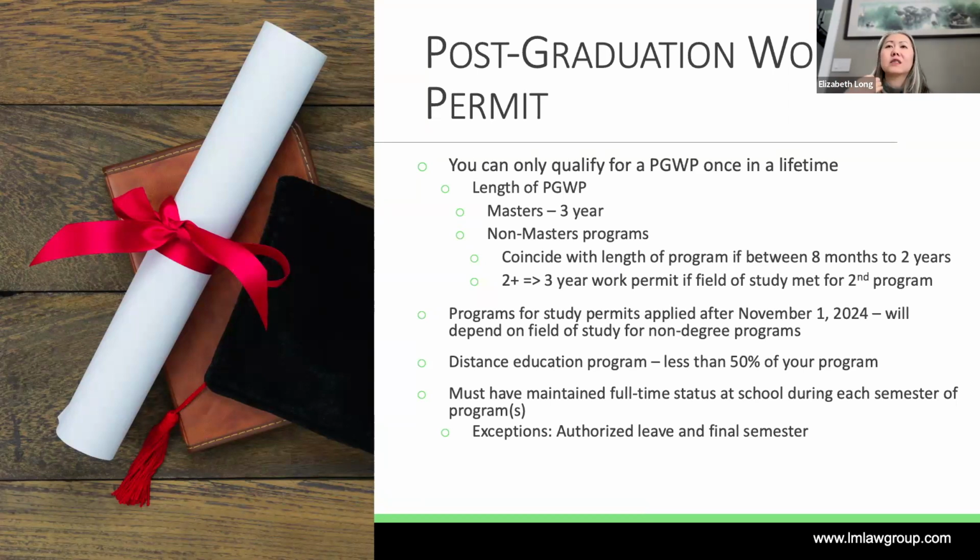You may have to do another program in order to qualify for the postgrad work permit. Because to qualify, unless it's in the last semester, you have to be a full-time student in every semester. In that case, I would rather someone fail and get an F on the transcript, but at least it shows they were a full-time student throughout the entire semester.